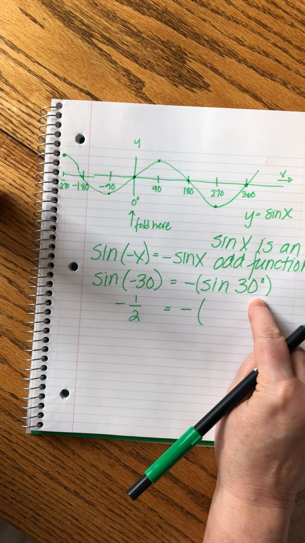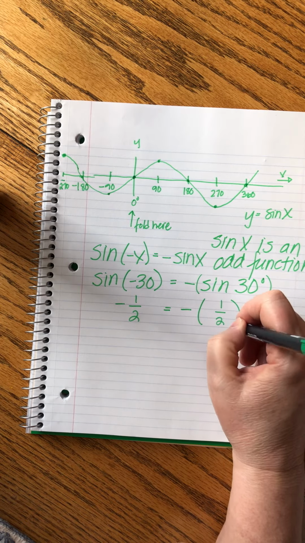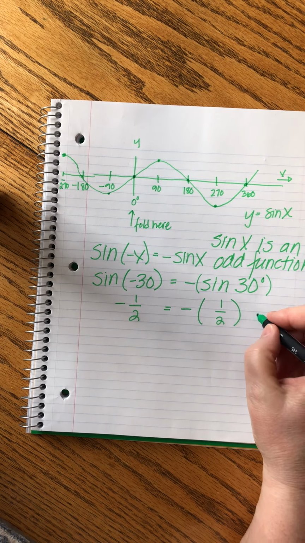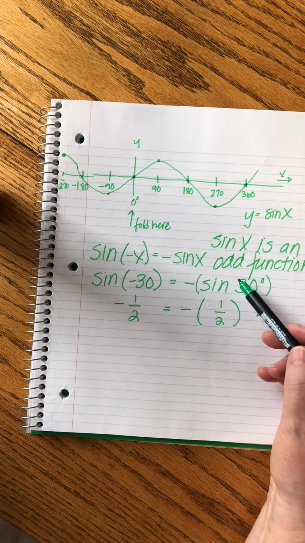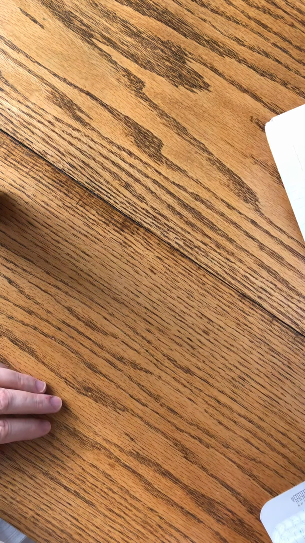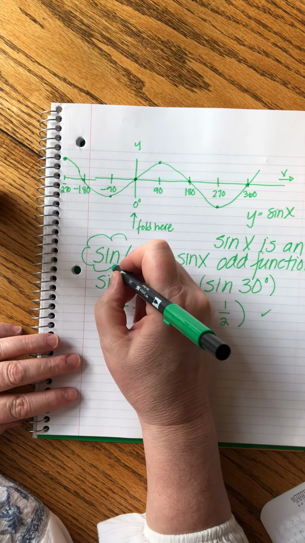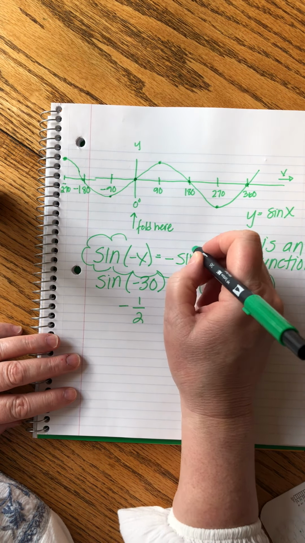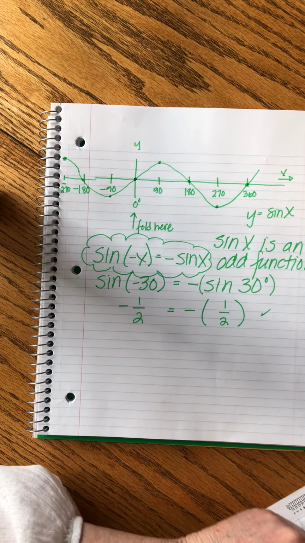Minus, and what's the sine of 30 degrees? Positive 1/2. So it checks out when we actually use the numbers off our unit circle. This relationship does hold true. So sine, like we said, is an odd function. He is an odd little boy.